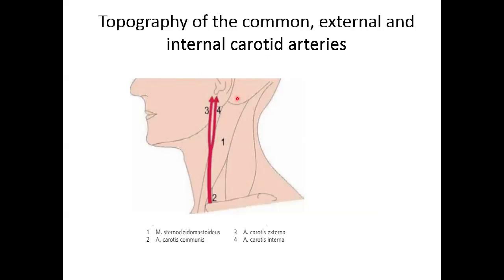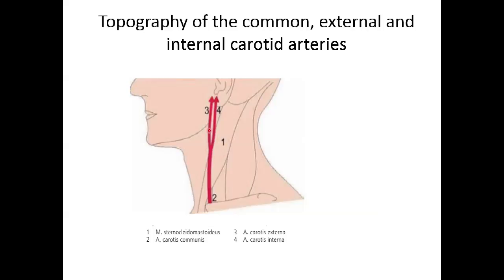First of all, I'd like to remind you of the muscle number 1, musculus sternocleidomastoideus, and it's easy to see that number 2, arteria carotis communis, the common carotid artery, takes place posteriorly to this muscle. So it is hidden posteriorly to musculus sternocleidomastoideus.